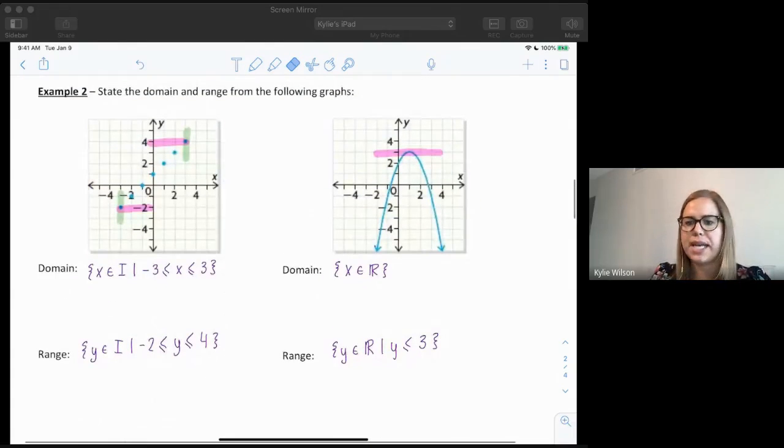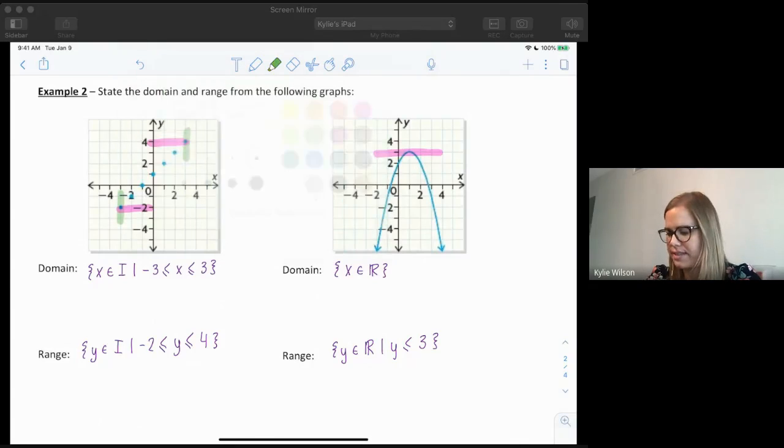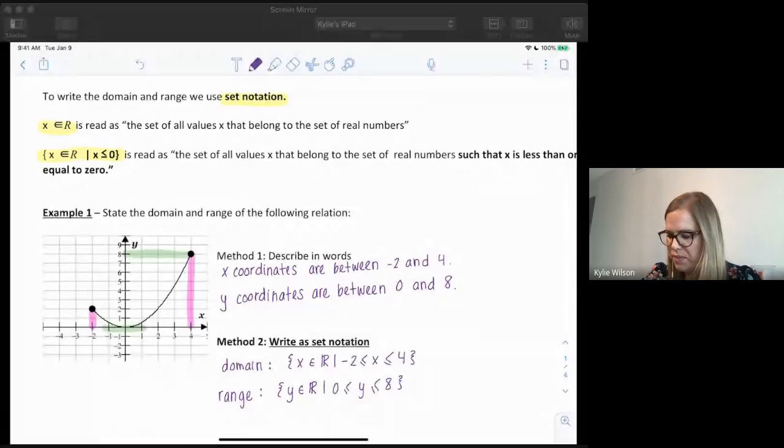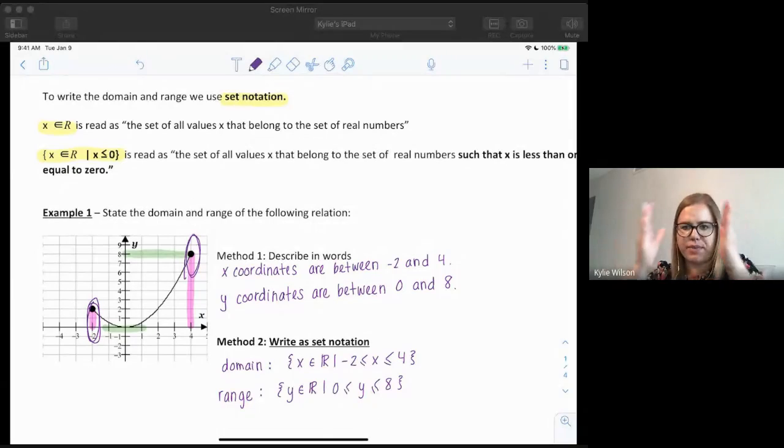Sure, no problem. So there's nothing limiting our X's here. If we look on this example over here, my X's are sandwiched between -3 and 3. They can't expand any further than that. If I look at this one up here, my X's are sandwiched between -2 and 4. It can't go any further than that.